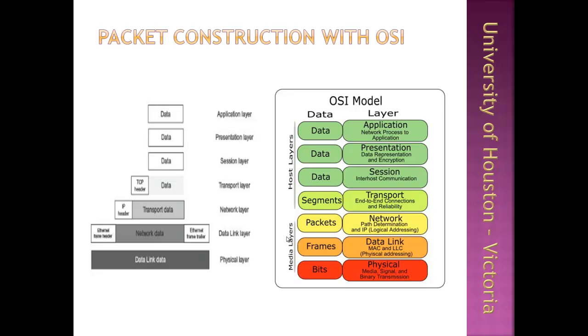When you pass that information down to the transport layer, which basically sets up the end-to-end connections and takes care of the reliability of your network, the data at that point is going to be called segments, because each segment then will have attached to it a TCP header. And when that segment is broken down and sent down to the network layer, it's going to be broken down to packets.